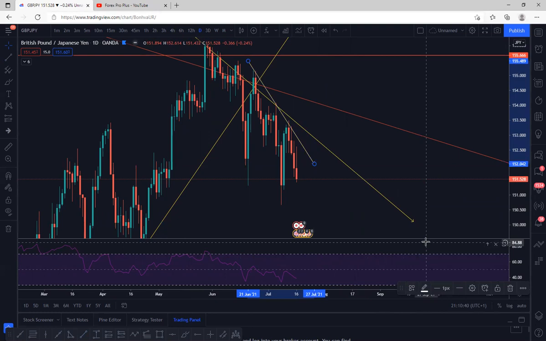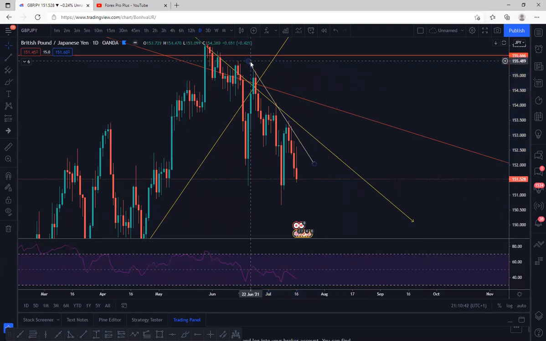For daily, I normally give it white color. So this is another trend line, yes. But it's following this line. And also there's a daily support level here as well.